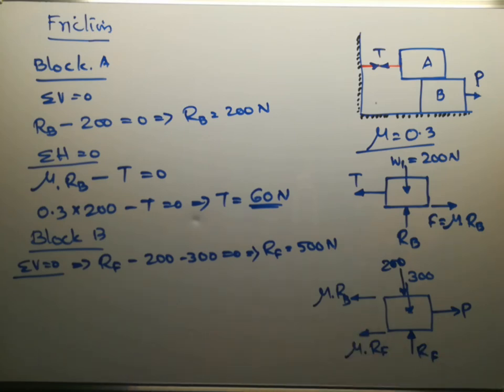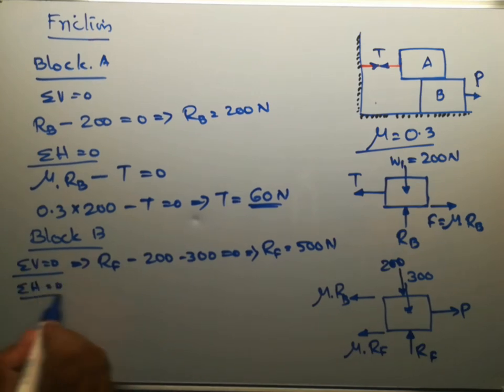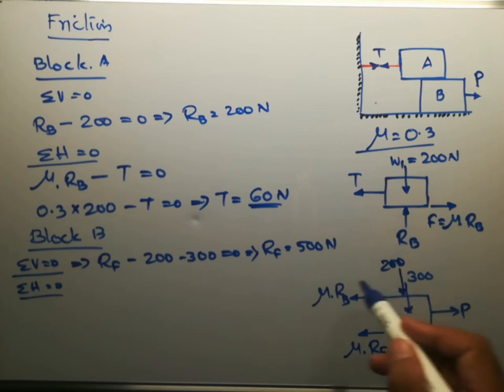Then applying sigma h equal to 0, that is the algebraic sum of all the horizontal forces acting on block B equal to 0, because under the action of P and the other horizontal forces, it is in equilibrium, or the body is just about to move, just before motion.